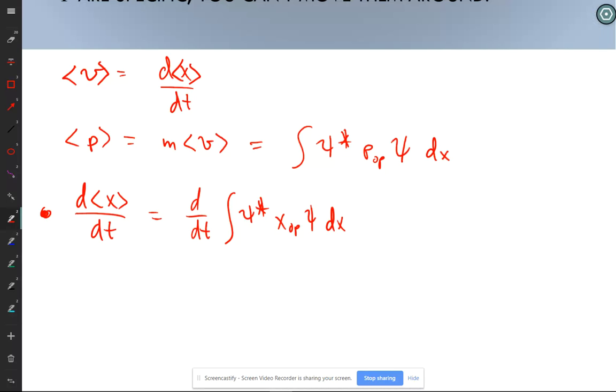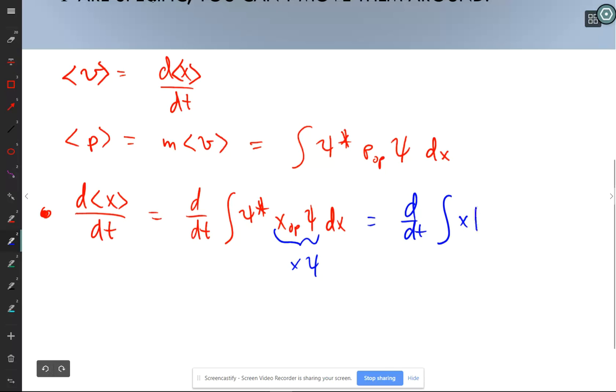Is everybody with me on that? And then the next step was to recognize that what do we get when we have x operator acting on psi? Right. And so we can rewrite this as d dt of integral. And now that we have x, the x can move around, of x psi mod squared dx, where I combine the psi star psi because they were next to each other now.